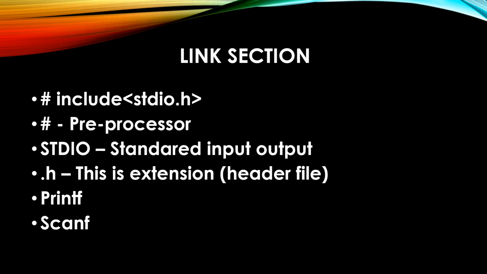So in the link section, I already talked about hash include stdio.h, but there is another statement, which is hash include conio.h. Conio means console input output. This is for what?